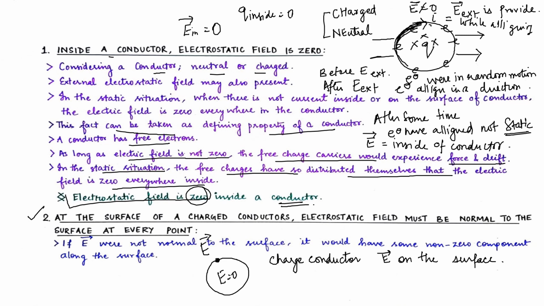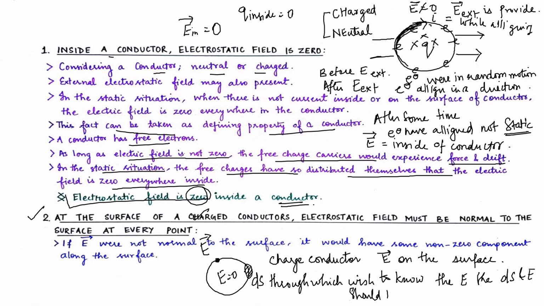But in this second case, what they are saying is, if this is the surface area through which we wish to know the E, then ds and E should be perpendicular, in other words, normal to each other.